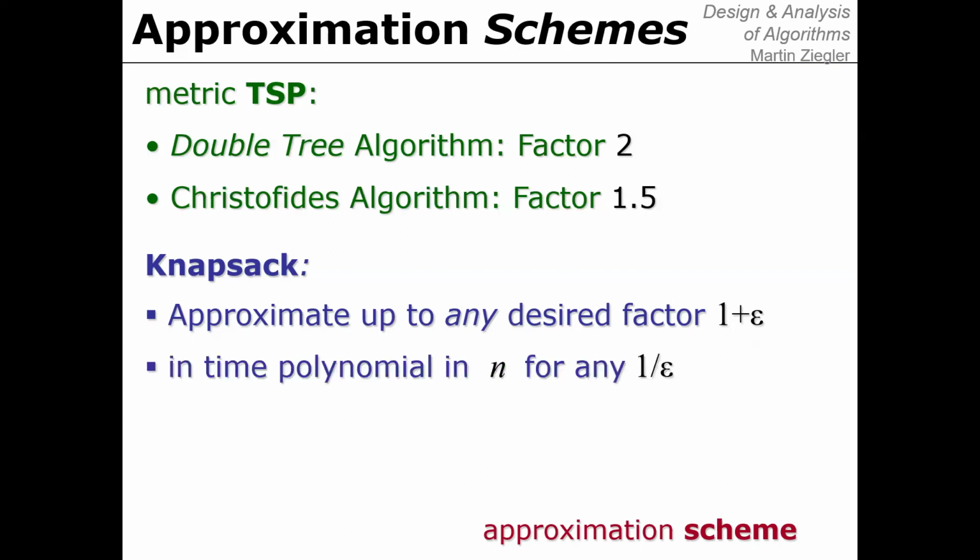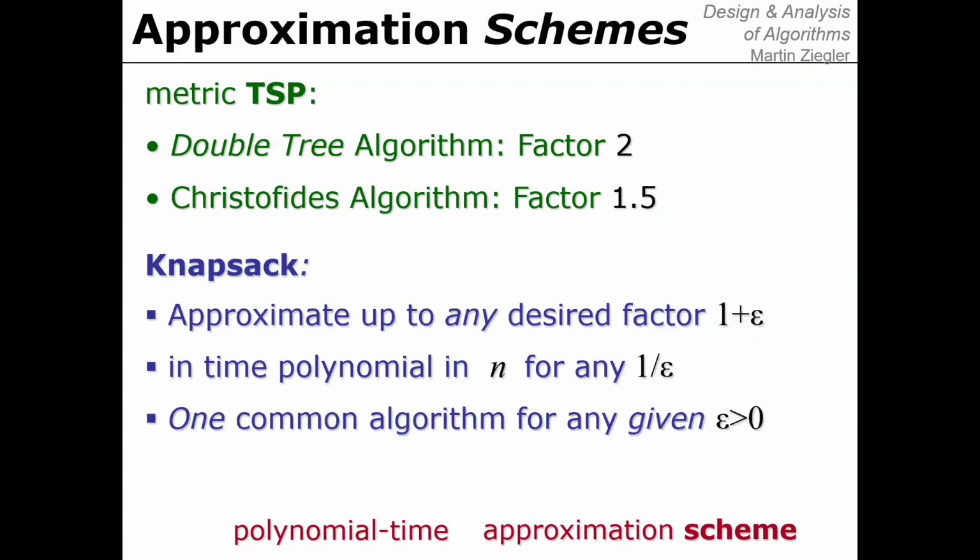Even more, this is kind of like a family of approximation algorithms, one for each epsilon, right? The running time of this approximation algorithm is polynomial in n for any epsilon or 1 over epsilon. This is called a polynomial time approximation scheme.